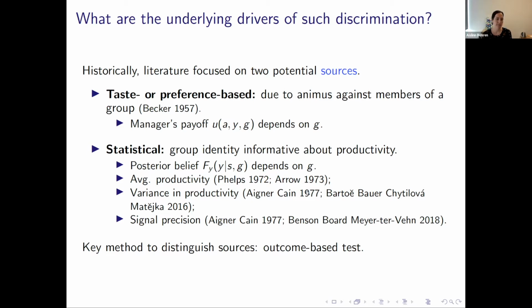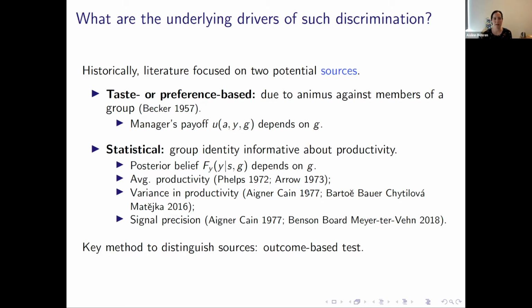And so naturally, once we have a theory of where discrimination may come from, the other question economists are interested in is how can we identify these sources? So how can we distinguish between, say, discrimination from a taste or preference-based source and discrimination from a statistical source? There have been many different methods, but the key one that's used in many papers is what is called an outcomes-based test.